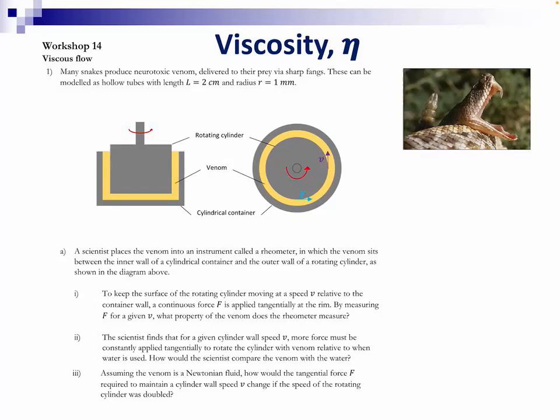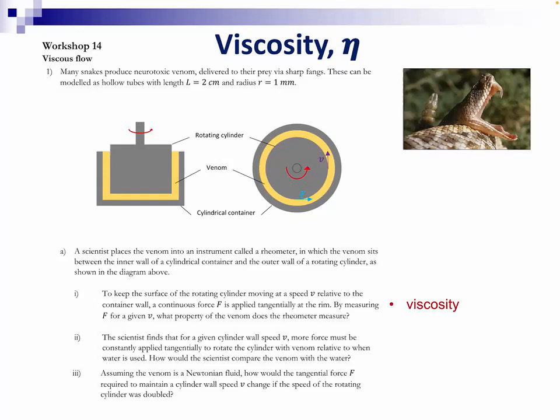What's the property of a fluid that's related to how fast it can flow and how much force you need to exert to make that fluid flow? We just learned about it, viscosity. Okay. Essentially, the rheometer wants to measure how thick the venom is by exerting a given amount of force.